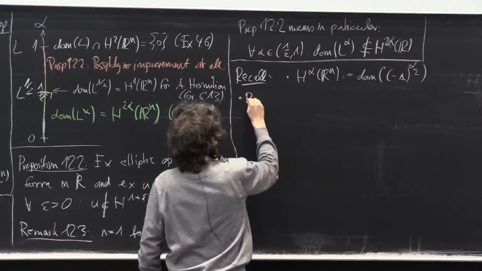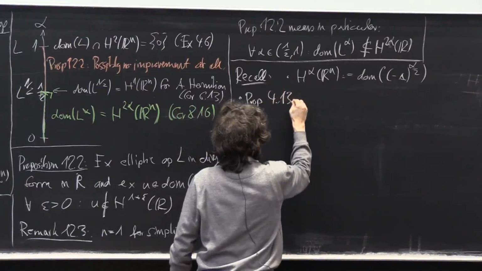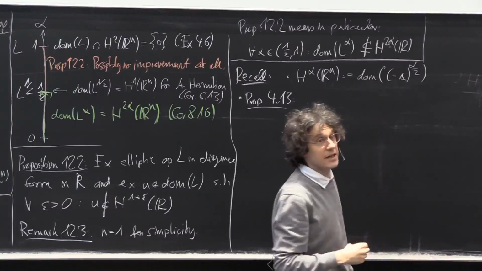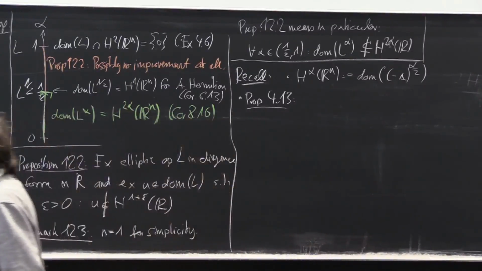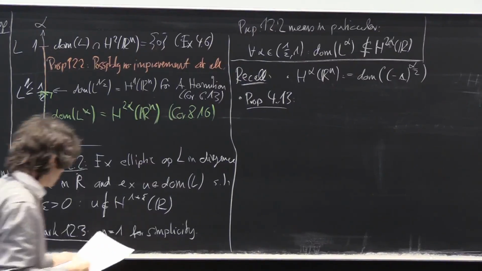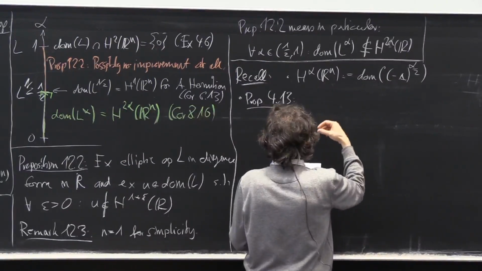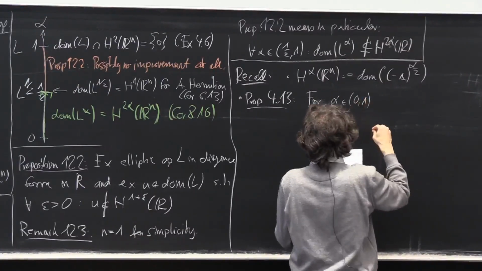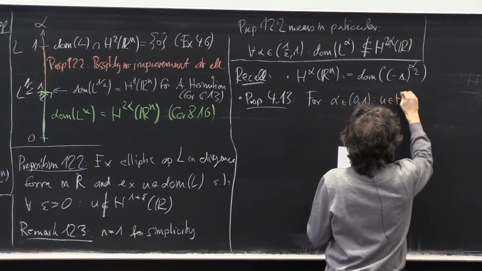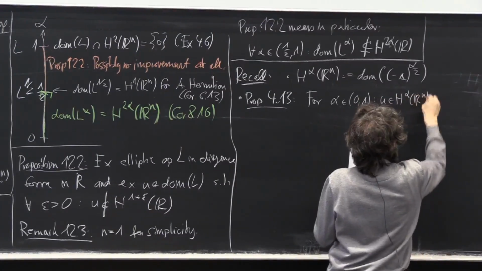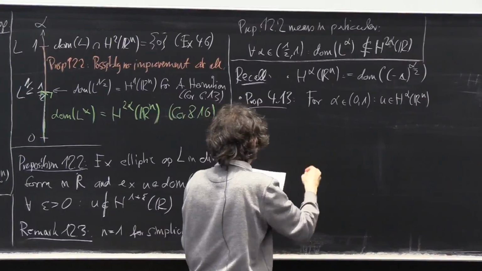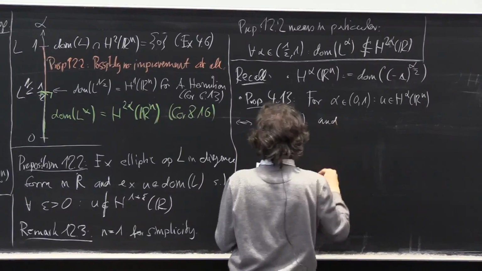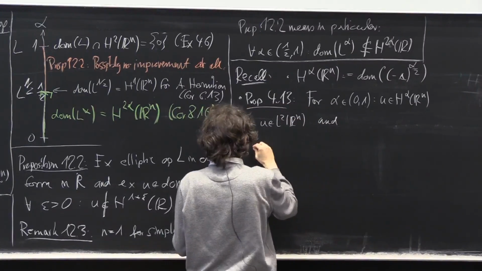And then we will need proposition 4.13, which characterizes the space in terms of an equivalent norm, the so-called Sobolev-Slobodetsky norm. So if you have an alpha between 0 and 1, then U is in H alpha of Rn if and only if U is an L2 function and the following semi-norm is finite.